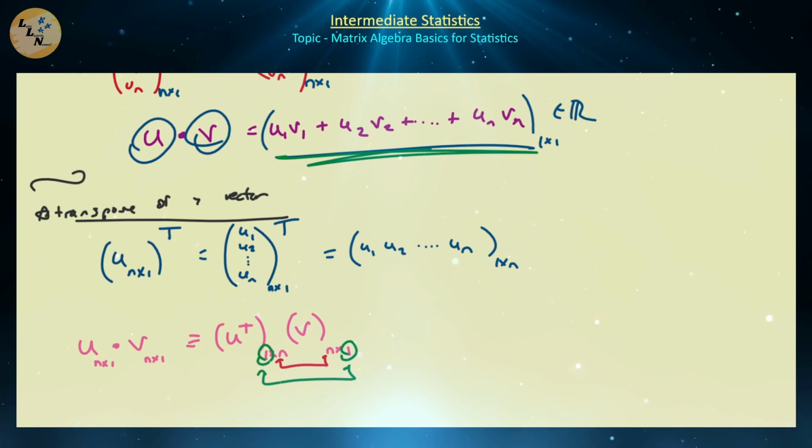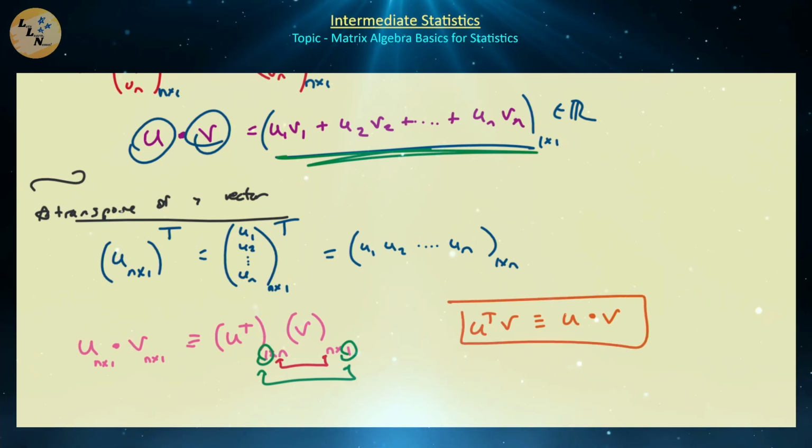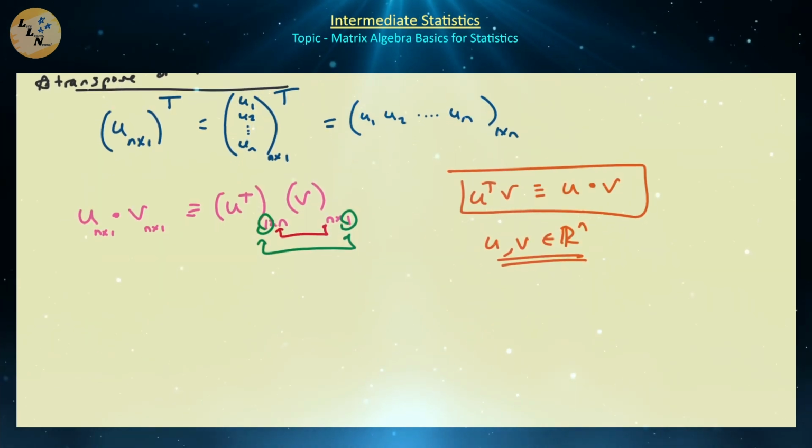And the reason I want to point this out is that when we get to multiplying by matrices, this is a very important thing. So therefore, u transpose v is the same thing as u dot v. So if you see one or the other, they are equivalent notations, provided that u and v are both vectors with n components, which we usually just abbreviate by that notation.